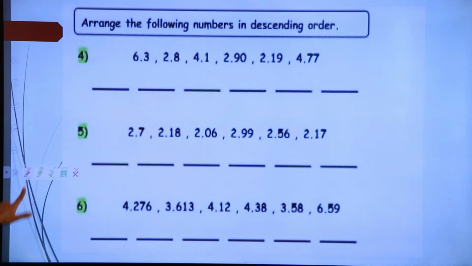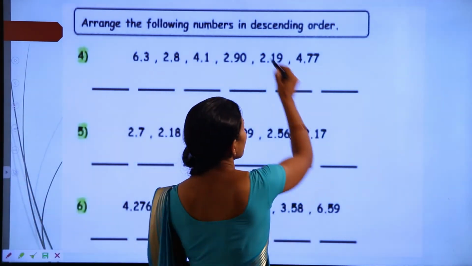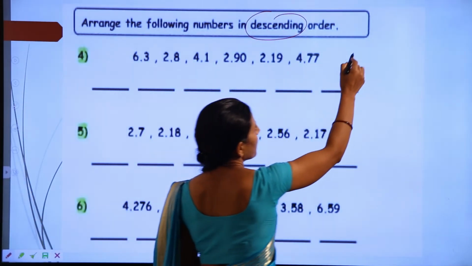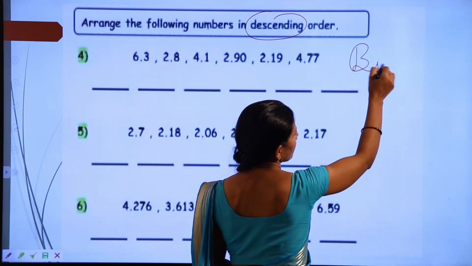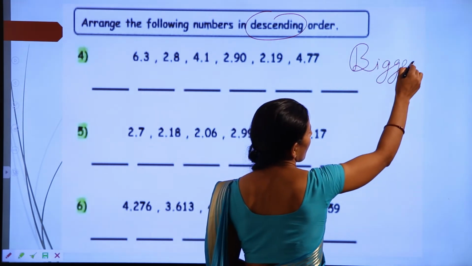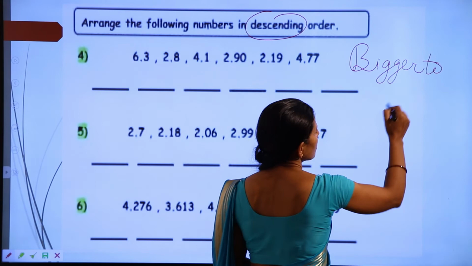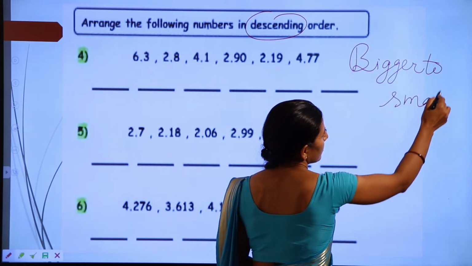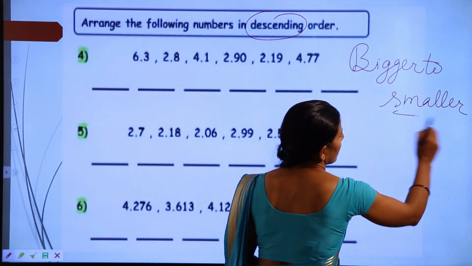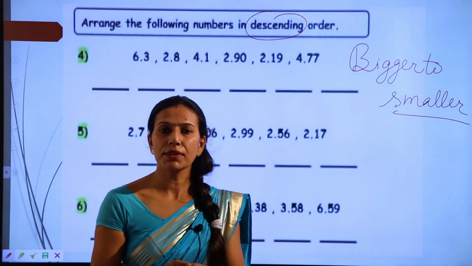Now, how to arrange the given numbers in descending order? So we know that descending means bigger to smaller. Right? The process will remain the same.